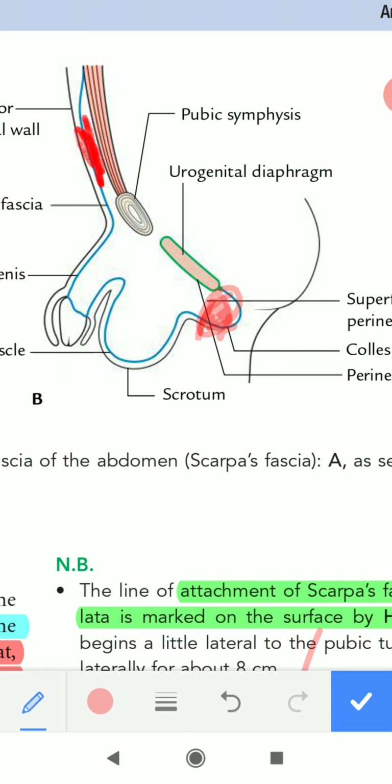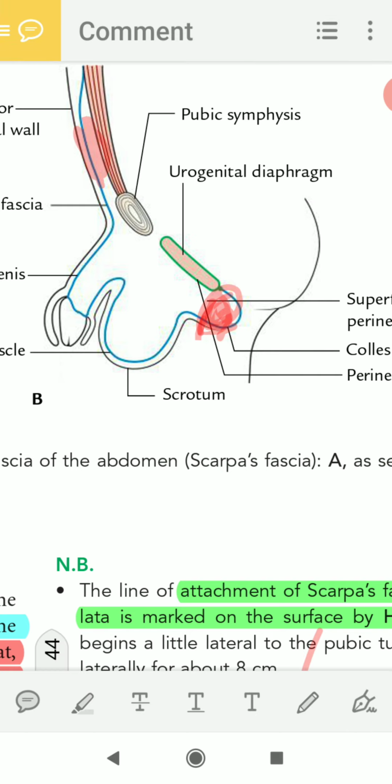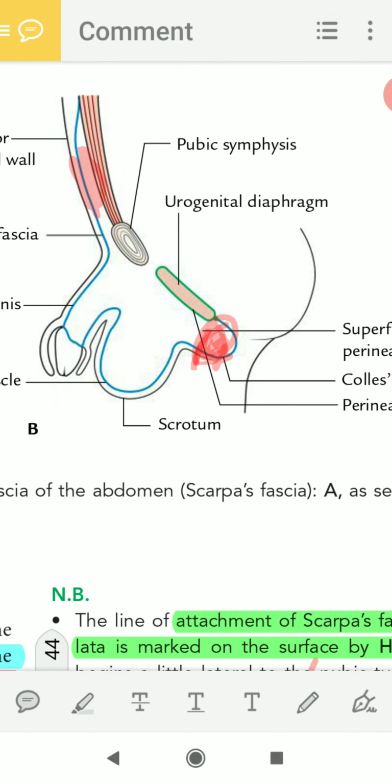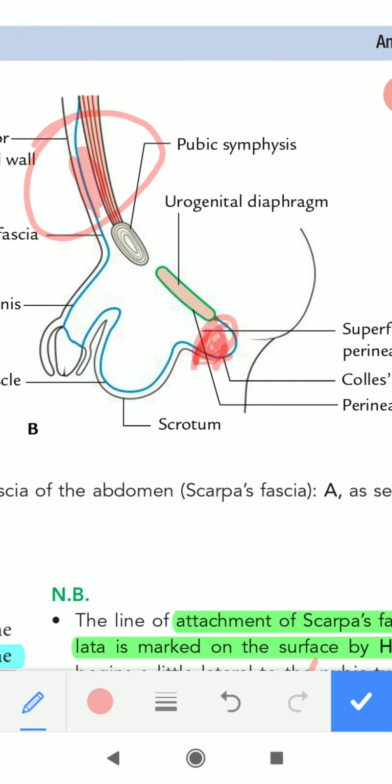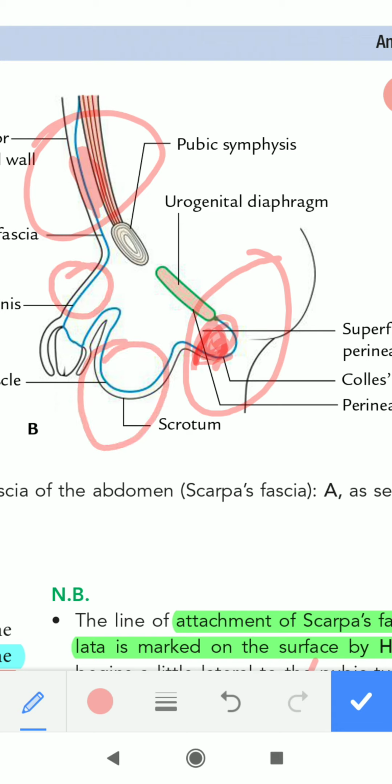So if the urethra is ruptured and urine comes out into the different areas, we will find the urine causing swelling in the lower part of the anterior abdominal wall and in the superficial perineal pouch. The scrotum will be swollen, the penis will be swollen.